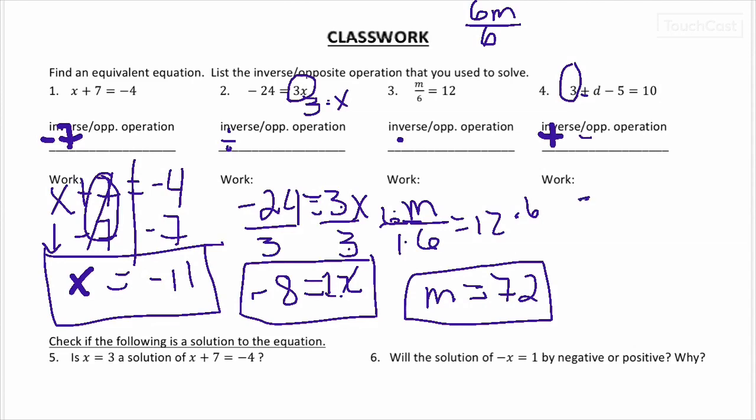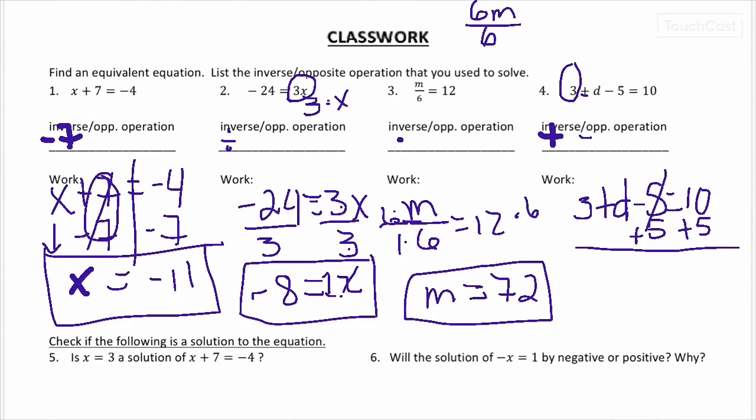So I have 3 plus d minus 5 equals 10. Okay, so I'm going to add the 5 first. Okay, so 3 plus d, because negative 5 plus 5, that's a big fat 0. So I get 3 plus d, sorry, equals 10 plus 5 is 15.